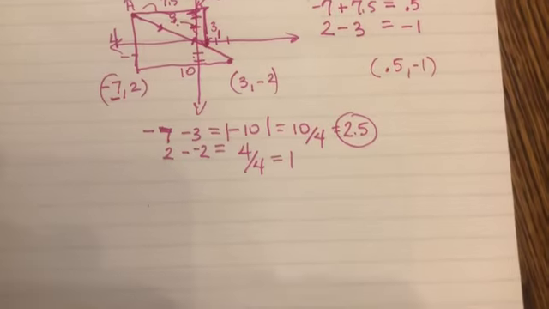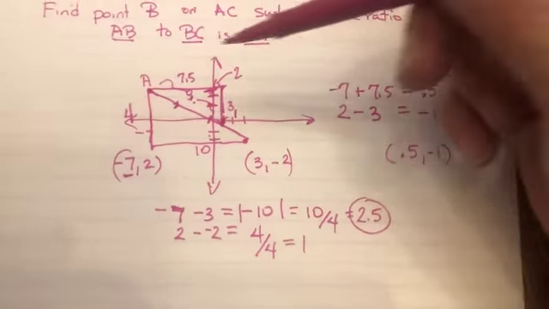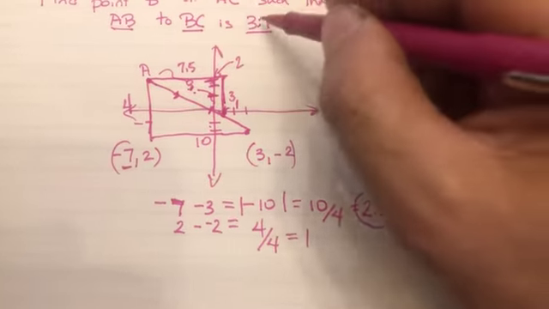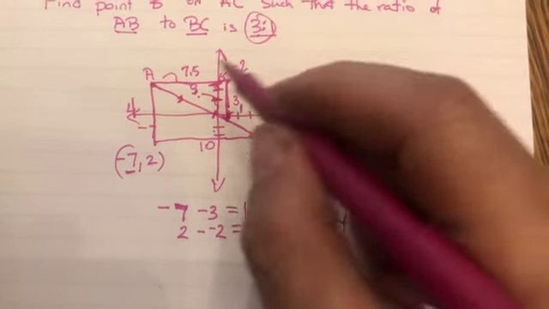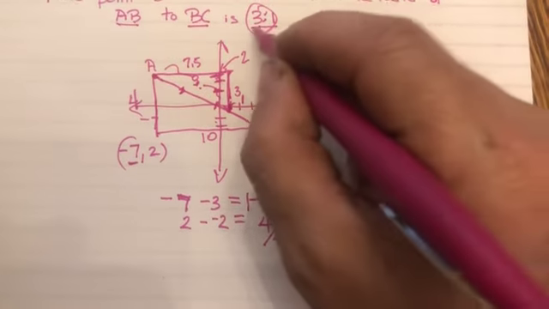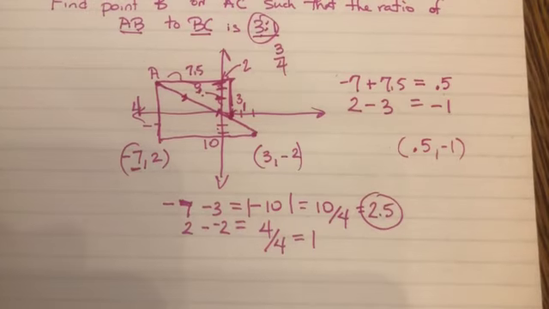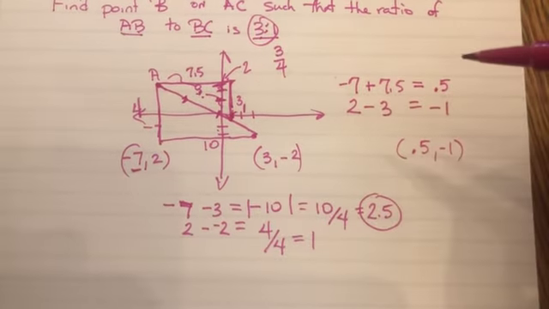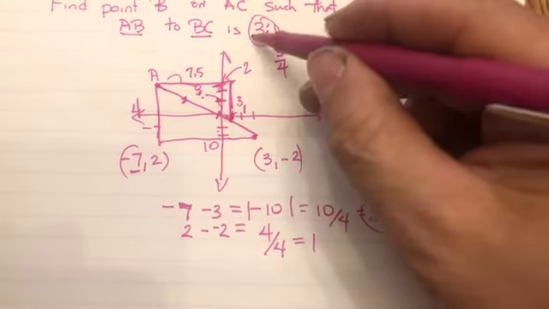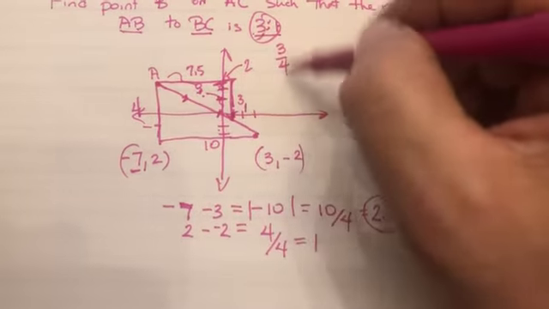Now I said there were 2 ways to approach this. The second way to approach this is the ratio here was 3 to 1. So I want segment AB to be 3/4 of the entire segment. There were 3 segments here. There was 1 here. I want 3 of them to be up here. That's 3 out of the 4 of them.